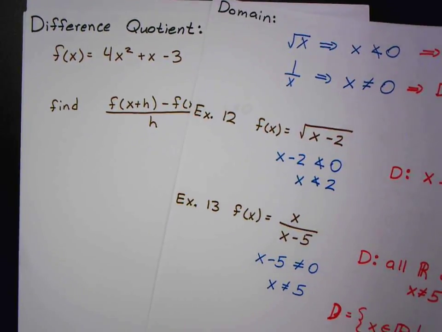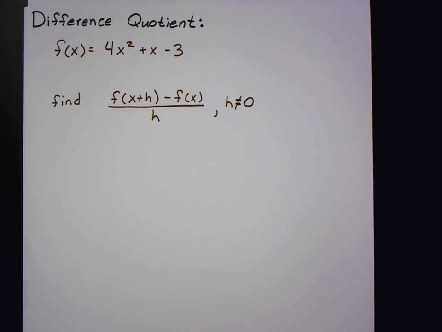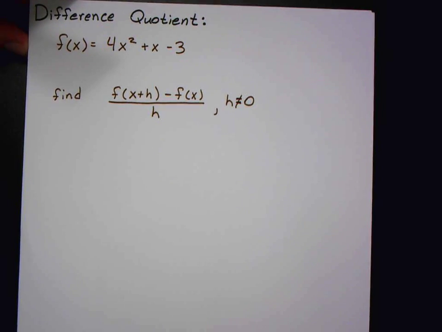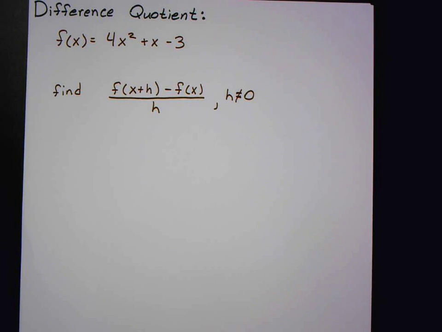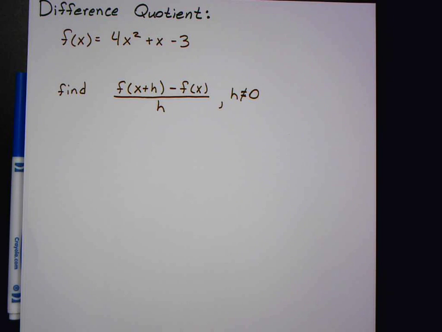All right, difference quotient. This is the one I'm excited about. This is calculus. Almost calculus. If you knew how to do limits, we could do calculus. If you knew how to do limits, this would be a derivative. Unfortunately, I'm not going to teach you how to do limits, because that's like a whole chapter in calculus.